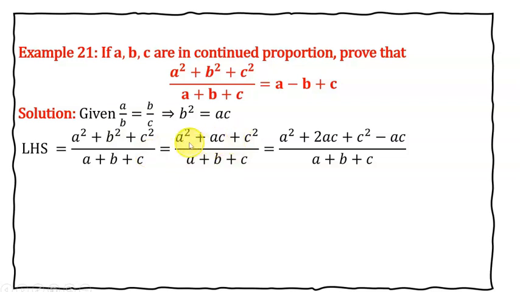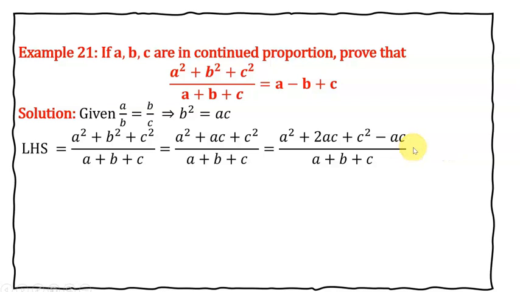Then make some adjustment here. By adding ac and subtracting ac in the numerator, you will have a square plus ac plus ac plus c square. Then you will have a square plus 2ac plus c square and minus ac.